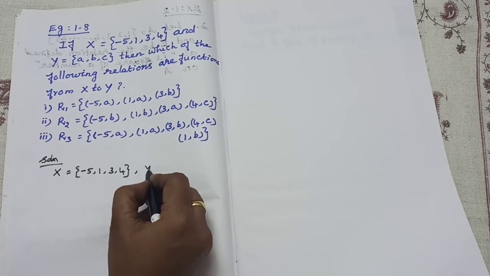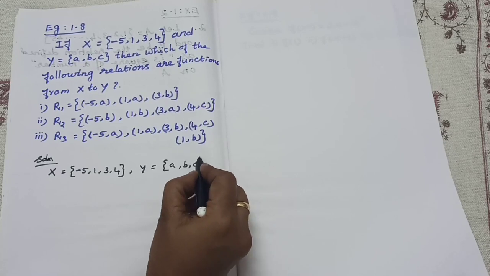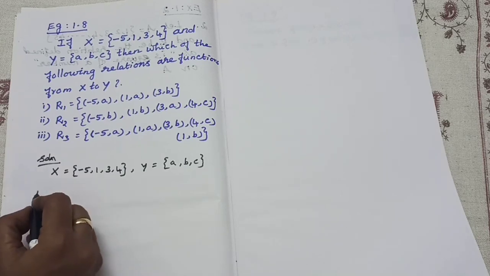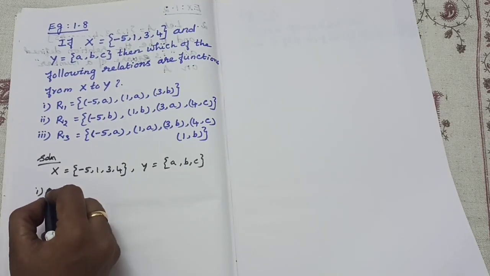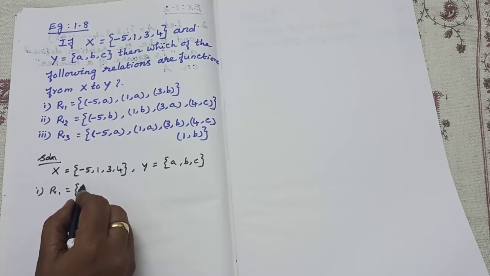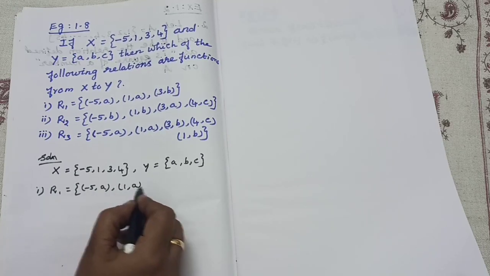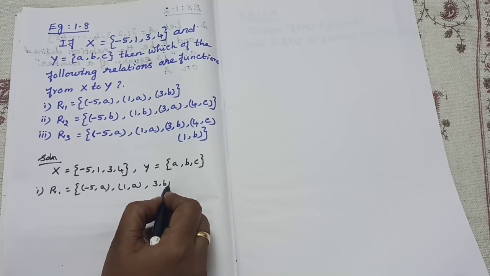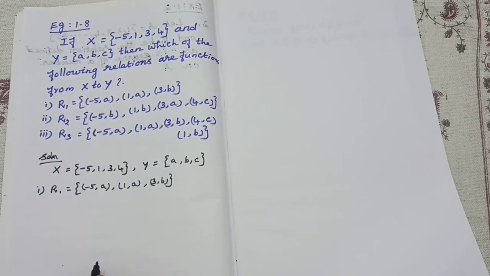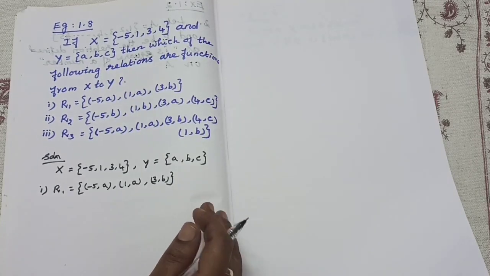Then y equal to set of A, B, C. Then our first question is R1 is equal to first relation set of minus 5 comma A, 1 comma A, 3 comma B. Like this given. Then shall we represent the relation R1 in the arrow diagram?